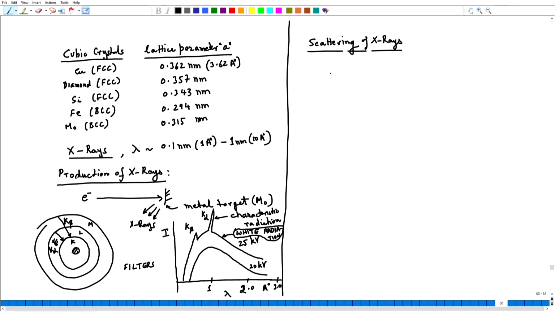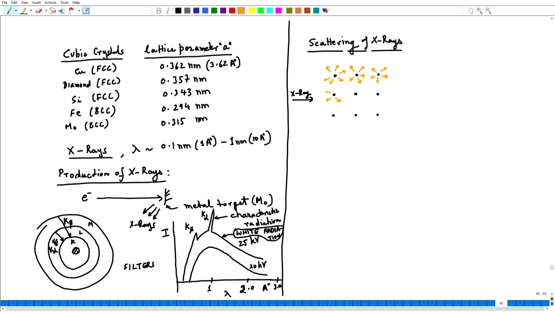Now, I have a crystal where there are atoms at specific locations, and when an incoming X-ray beam hits the crystal, the X-ray photons will be hitting individual atoms, and as a result each atom will scatter X-rays in all directions, in a kind of, you can imagine, in a spherical way. So, each atom is scattering X-rays in different directions.